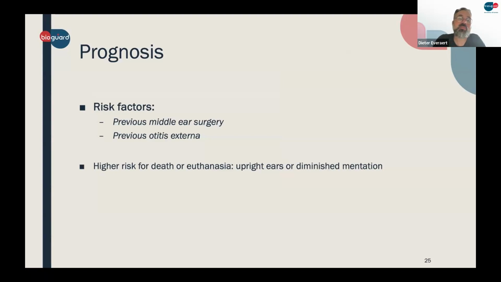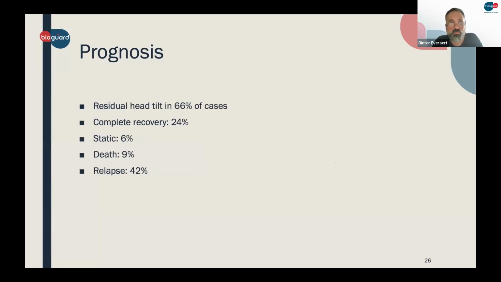There is a higher risk of death or euthanasia with upright ears and/or diminished mentation, because upright ears, as said, are quite often otitis media interna. When there's diminished mentation, that's mainly a central vestibular disease, and of course that's less positive.